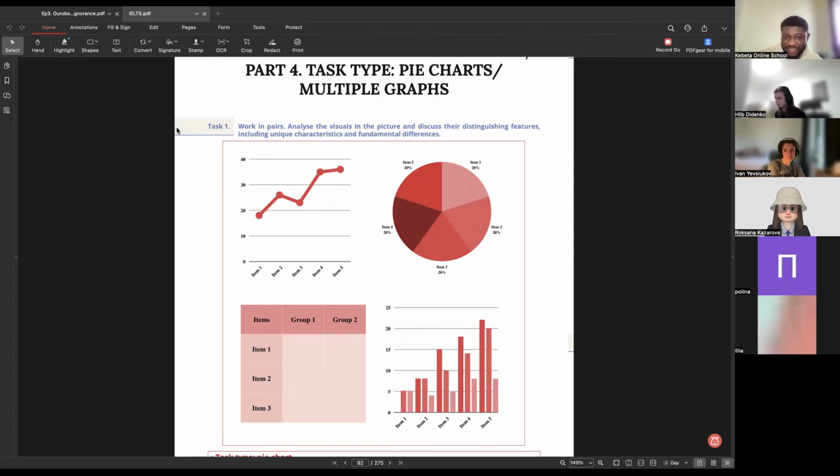So, yes, we've discussed all of these, right? Now, it says to look at these visuals in the picture and discuss their distinguishing features. What sets them apart? What makes them different from each other? Including unique characteristics and fundamental differences. So, what are some of the things that they do not have in common?